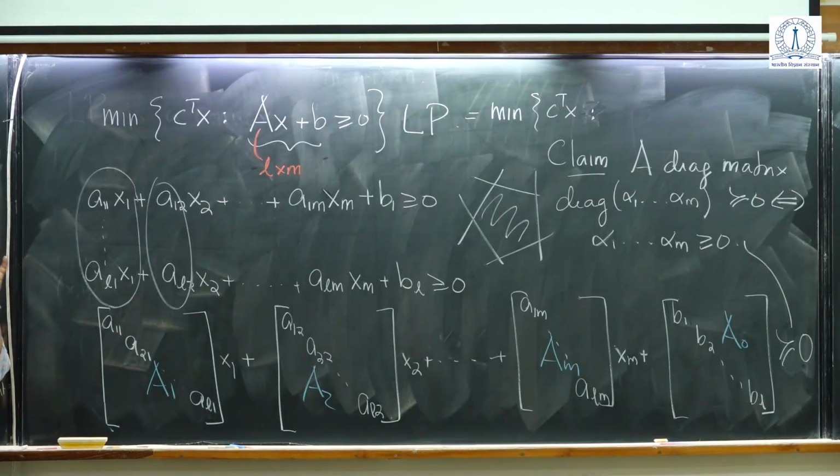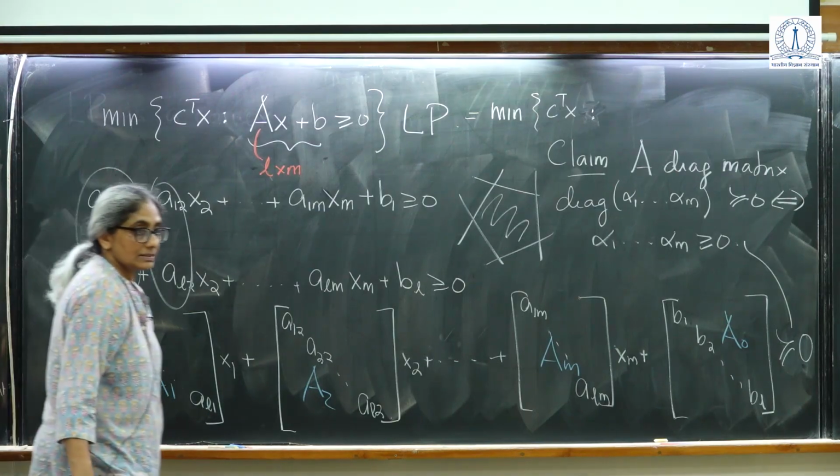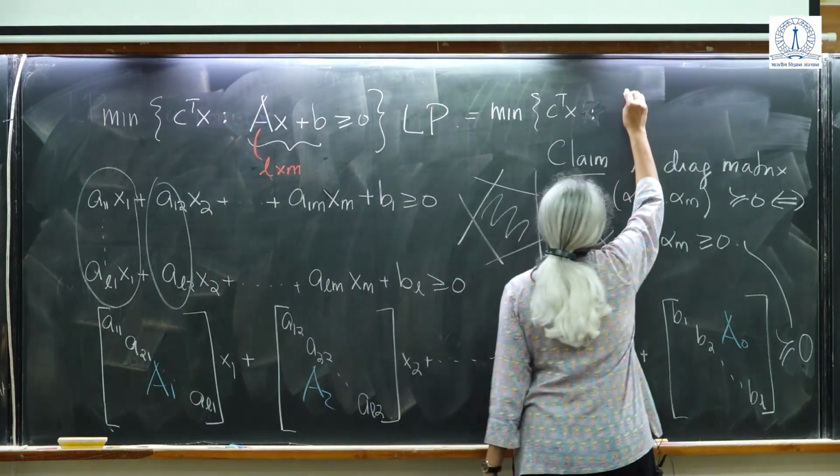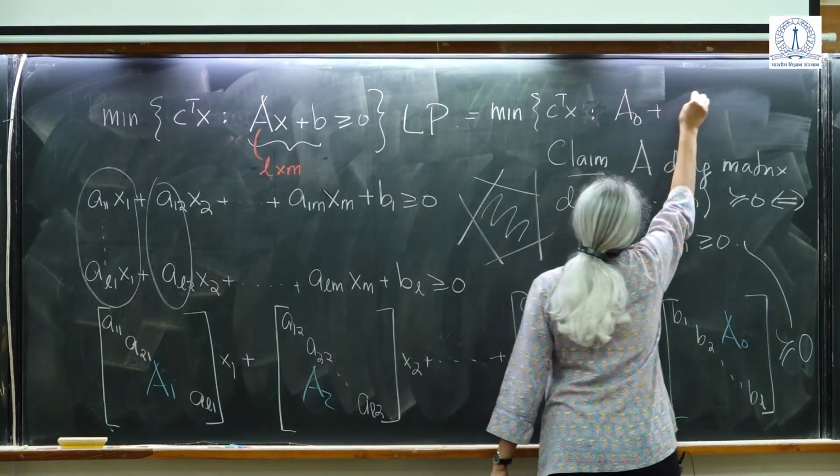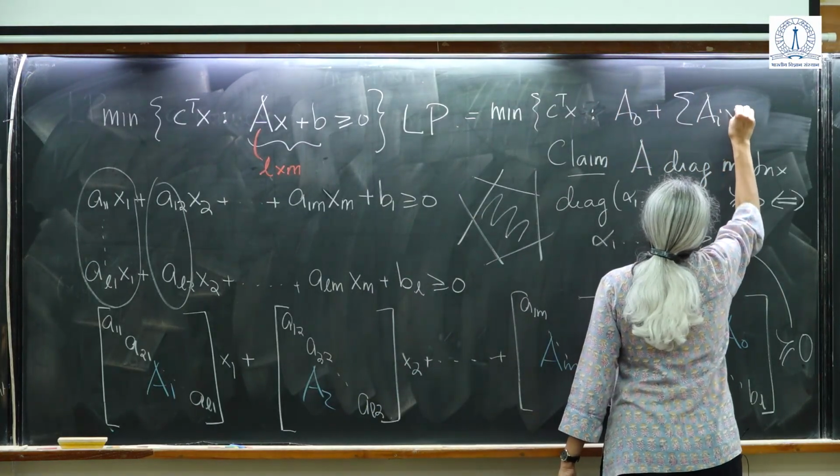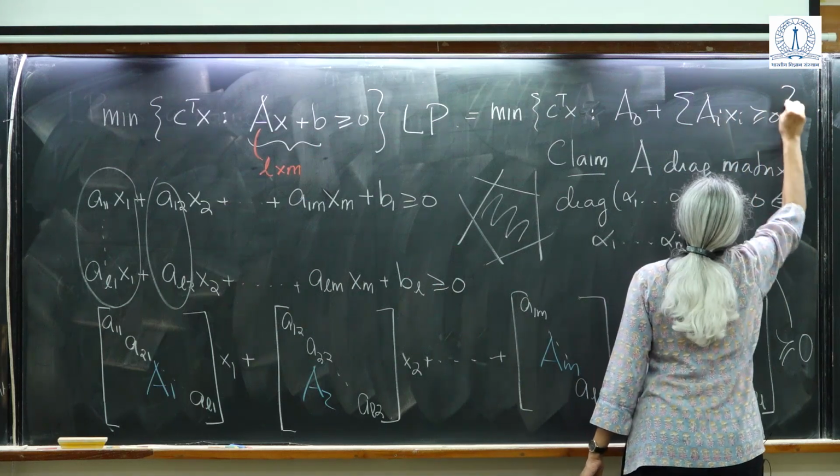So the x's have to work in a way that when you finish the sum and you evaluate at the x's, it's non-negative. This is definitely not necessarily non-negative. That would be very special, okay? So this is the same thing as this A0 plus sum of Ai xi being PSD.